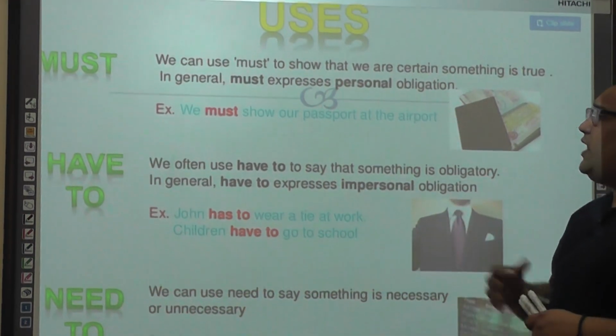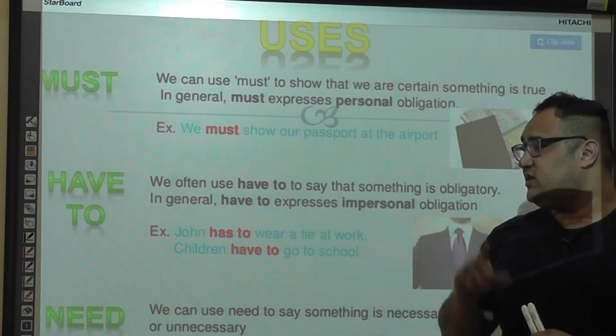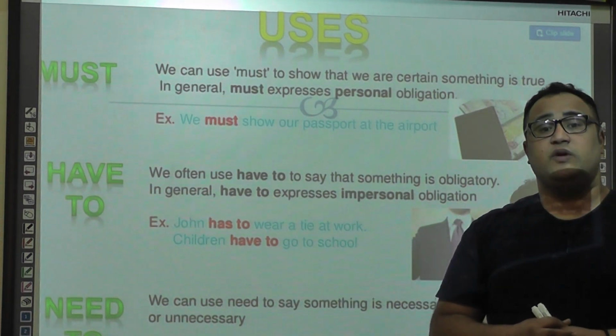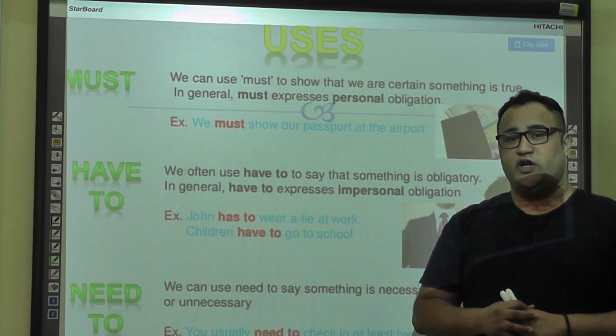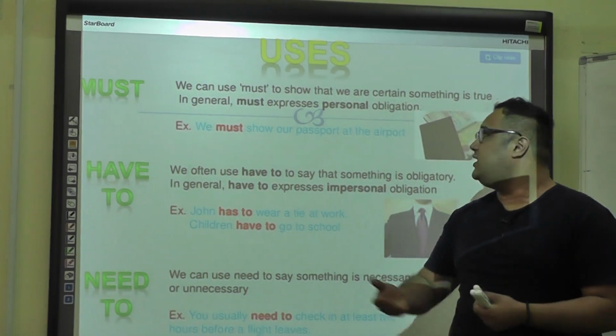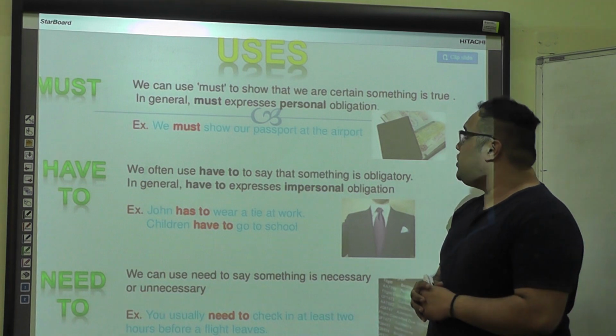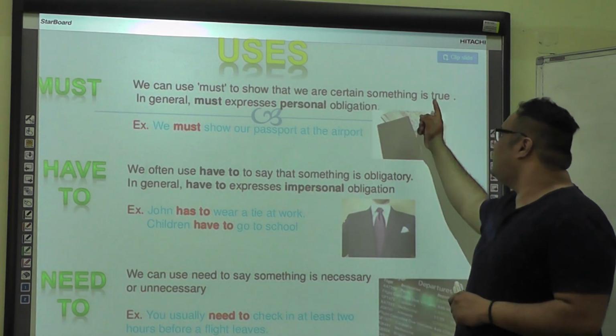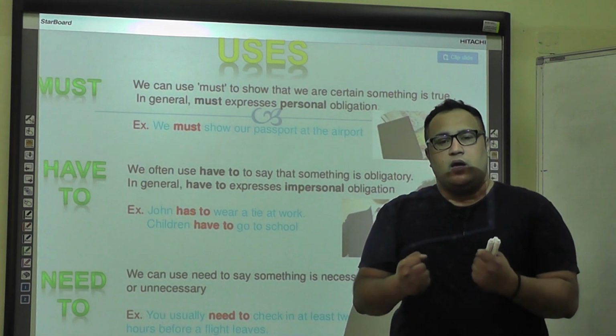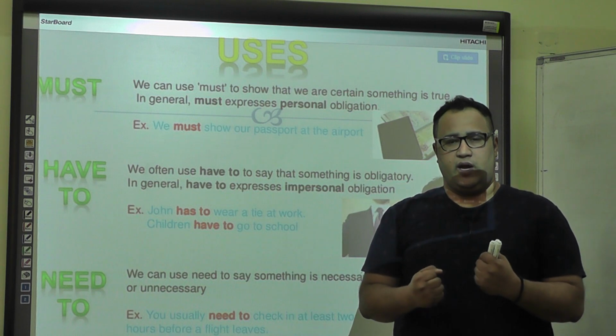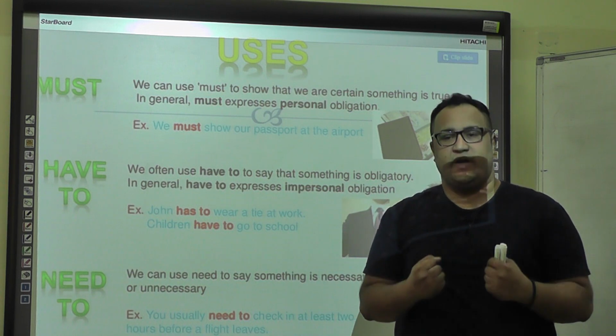Okay, so let's have the uses of the modals. First, let's talk about the modals for necessity. Uses: must. We can use must to show that we are certain something is true. When it is so true, it's a powerful must.